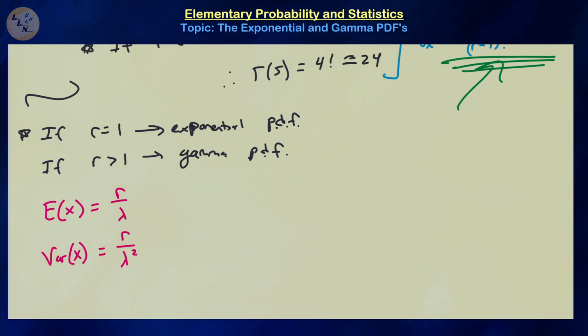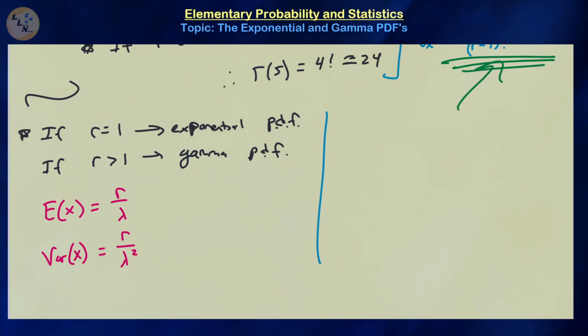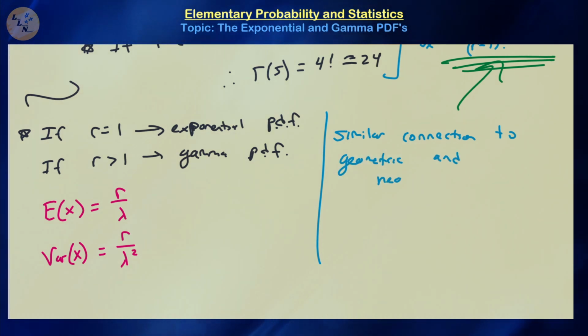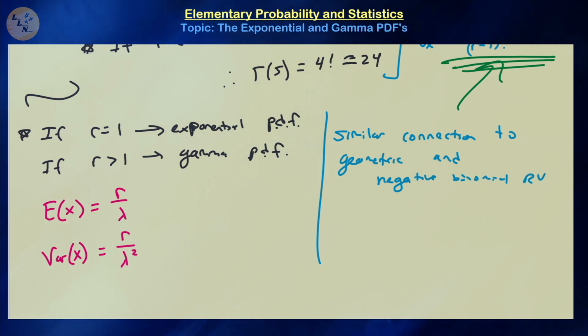Now, why is this? You can prove these formulas via calculus, but you have actually seen a similar distribution like this in the discrete world. Do you remember which distributions are related to each other in this regard? These have a similar connection to the geometric and the negative binomial random variables from the discrete world, right?